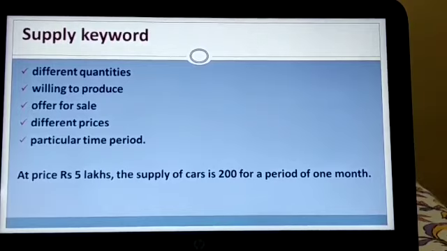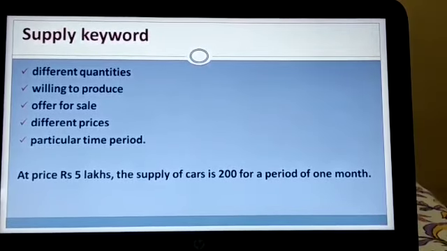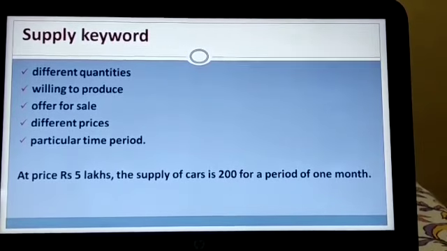I'm not saying that whatever he is ready to sell will be sold. I am saying that he must be ready to sell that particular commodity or offer it for sale. And at different prices, different quantities, price is a must. Any supply statement must have a price, and a supply statement must have a particular time period also.